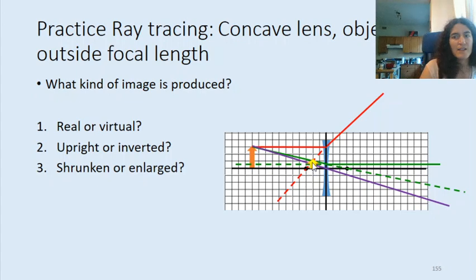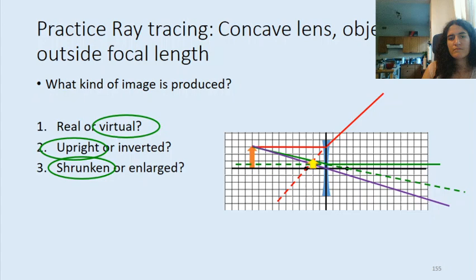So the image is this yellow thing. Okay, so what kind of image is produced? So because it's created by the intersection of virtual rays, I would say this is a virtual image. It's definitely upright and it's shrunken, right?